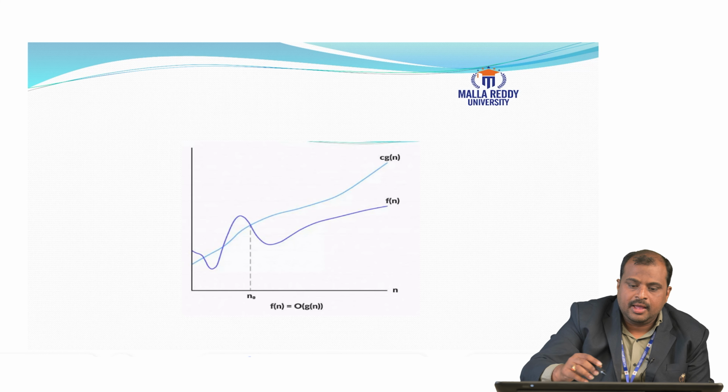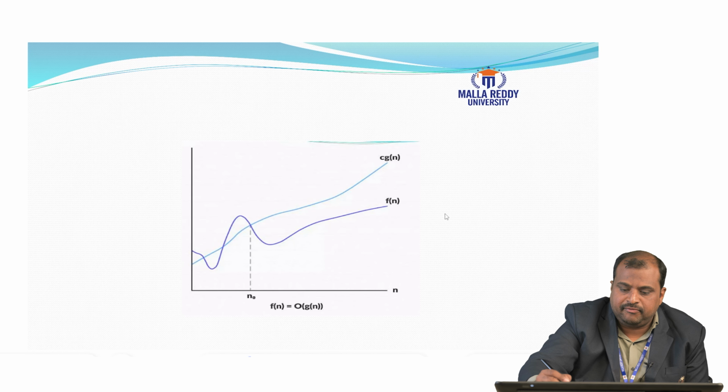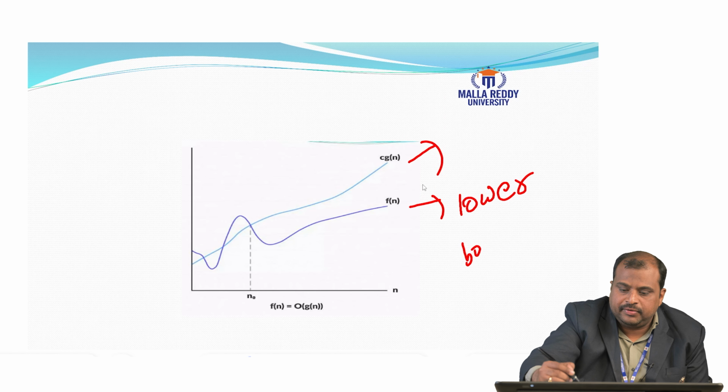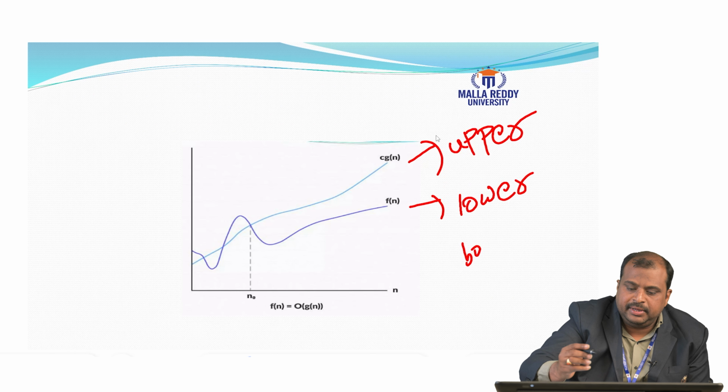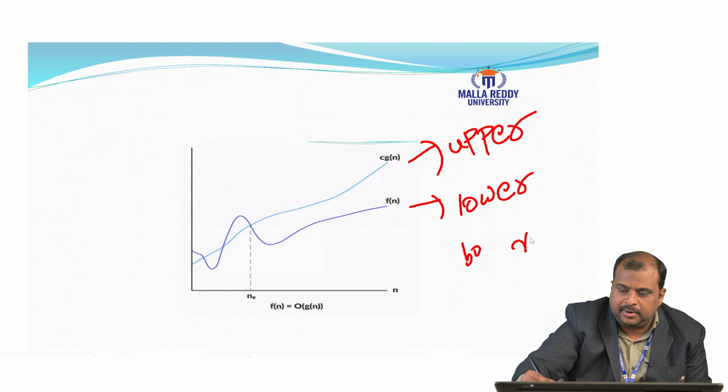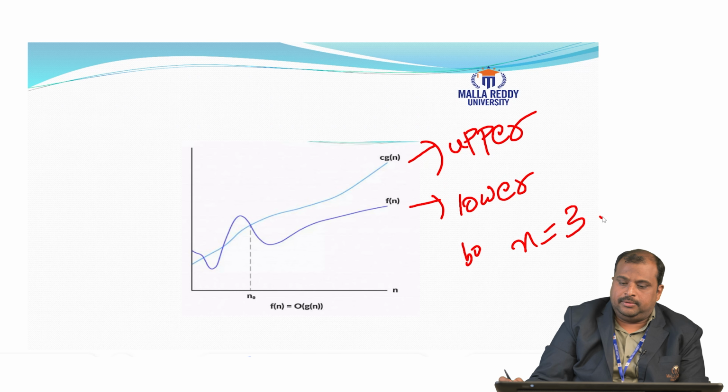Initially, f of n will serve as a lower boundary as well as g of n will serve as an upper boundary. Initially f of n increases, after that g of n increases, as per the earlier example at the value of n equal to 3.